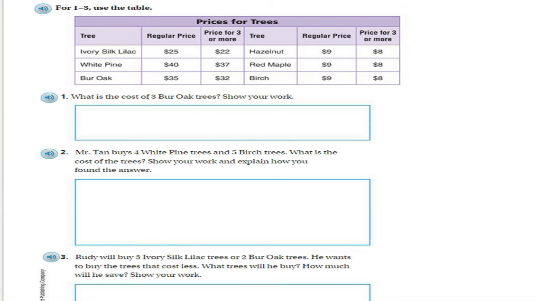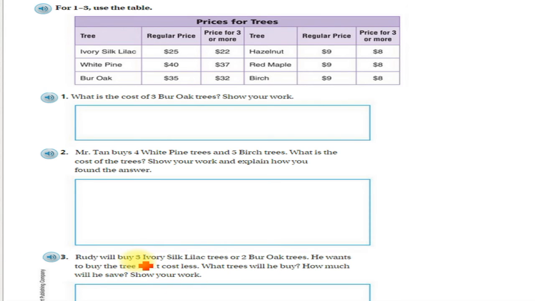Now let's go on to number 3. And again, we're going to be using our table to help us solve this because it tells us in the instructions for numbers 1 through 3, use the table. So Rudy will buy 3 ivory silk lilac trees or 2 bur oak trees.